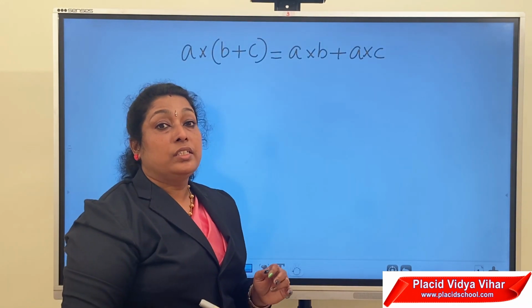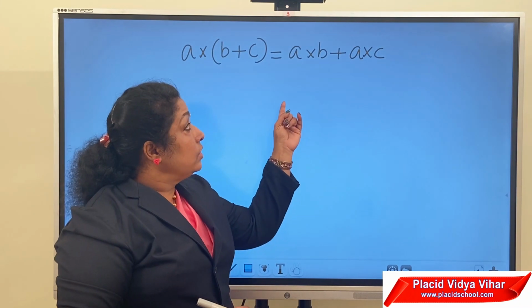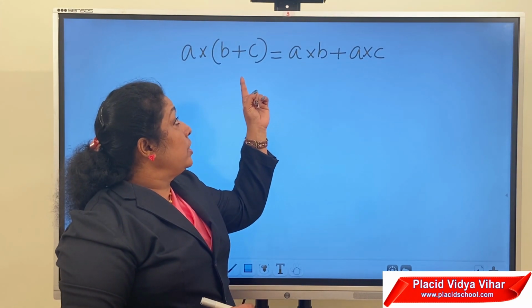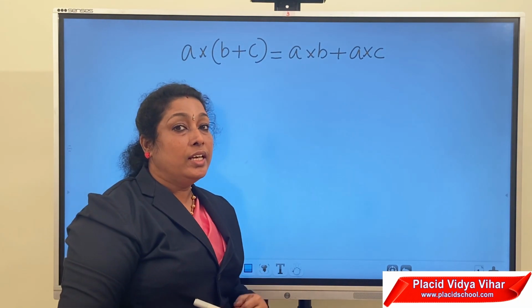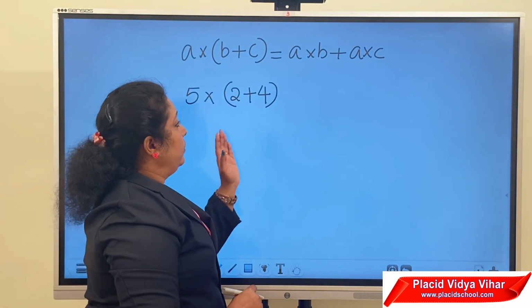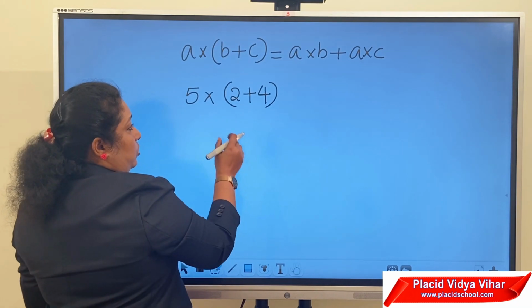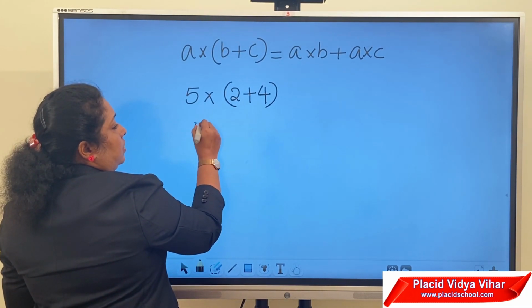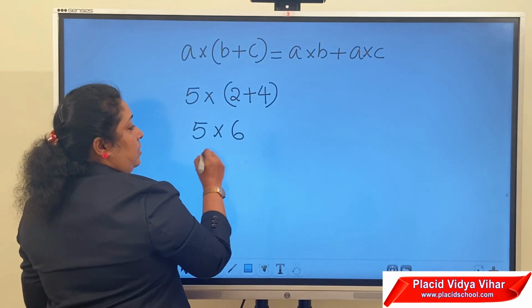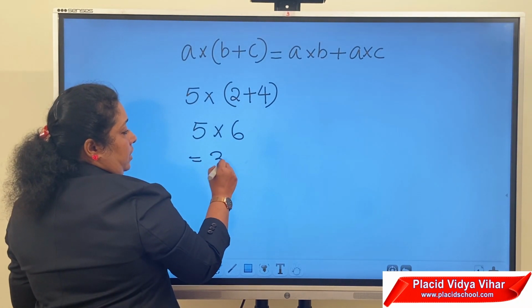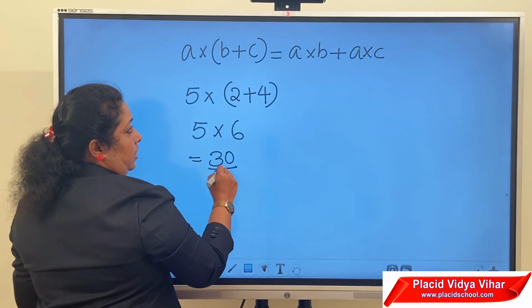First we can check a into (b plus c) using an example. 5 into (2 plus 4). Let us do this. 2 plus 4 is 6. The answer is 30. 5 6s are 30.